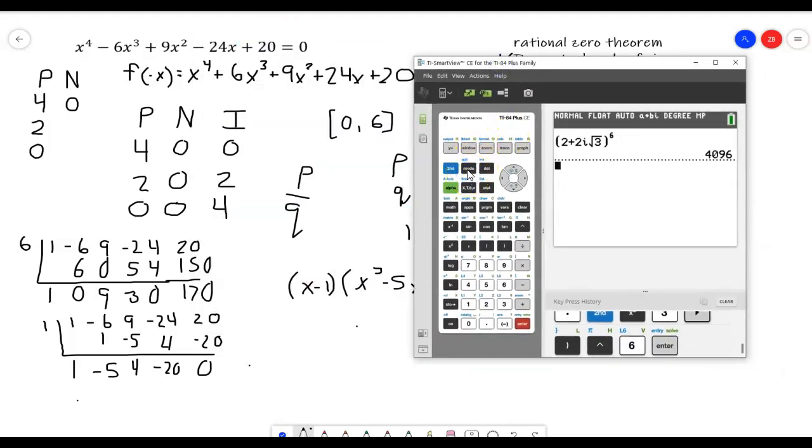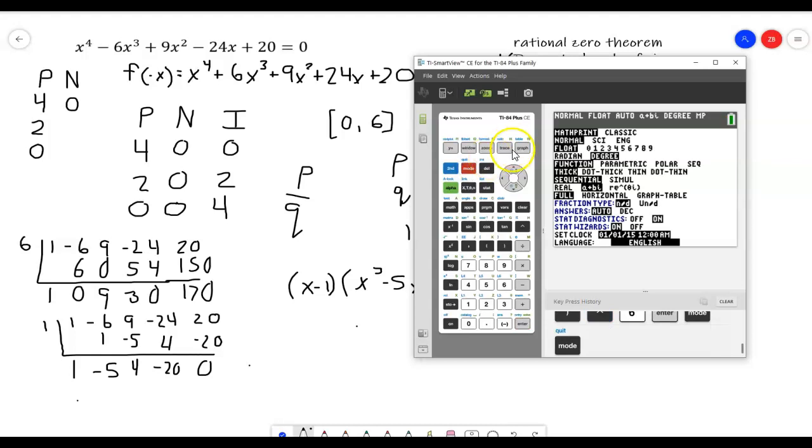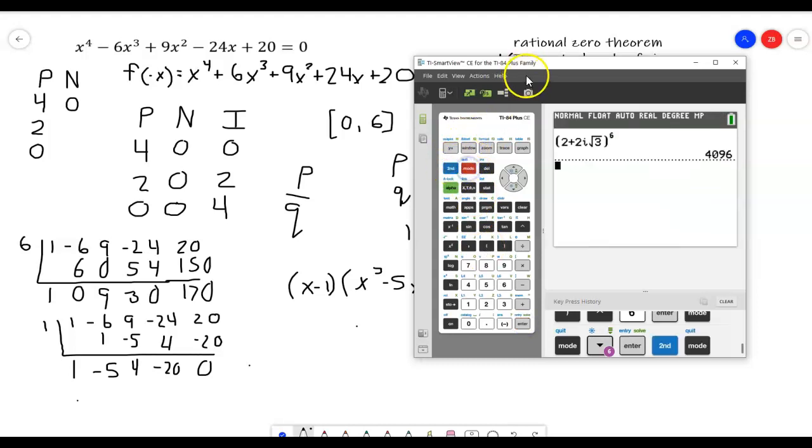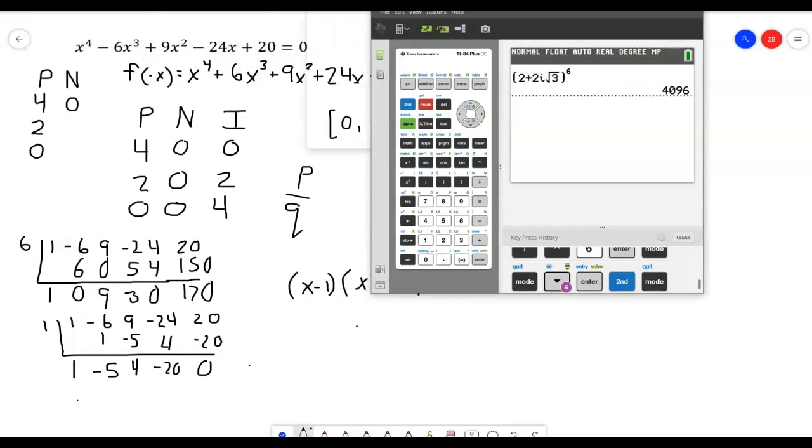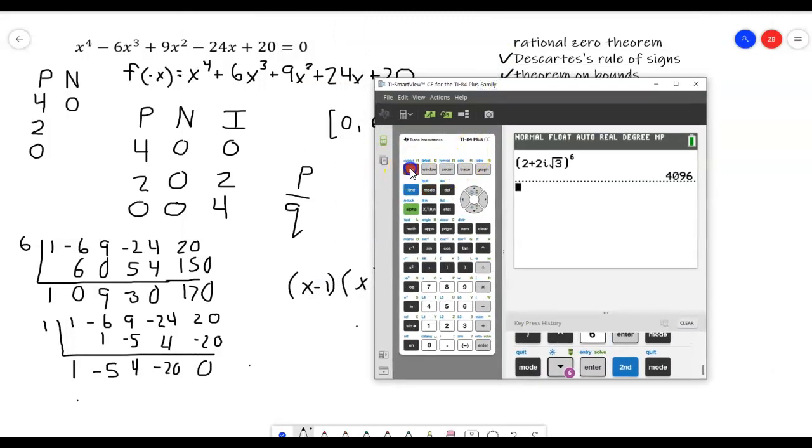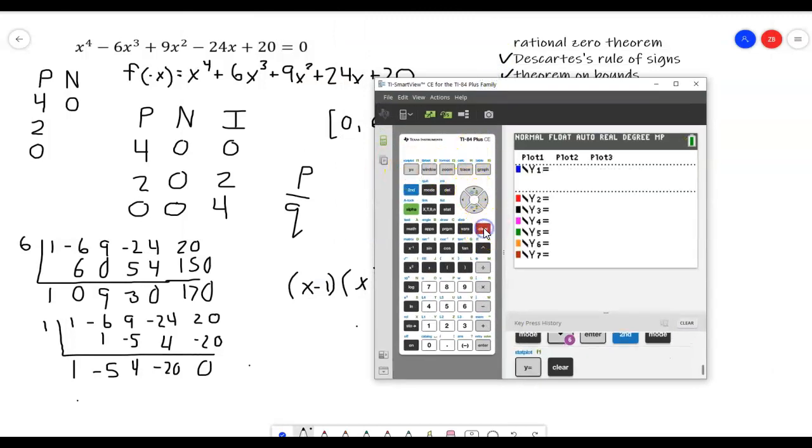Let me go back to real. All right. So let me go ahead and put this original equation in just because I can.